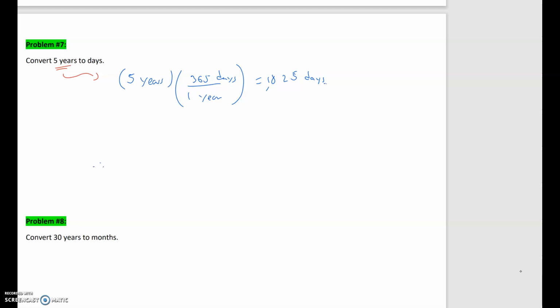And let me just rewrite it: 5 years is equivalent to 1,825 days.